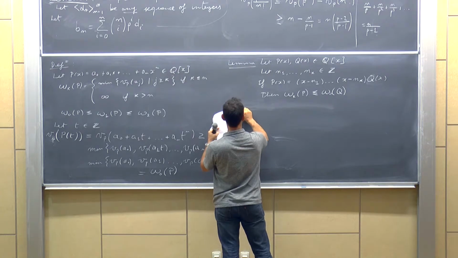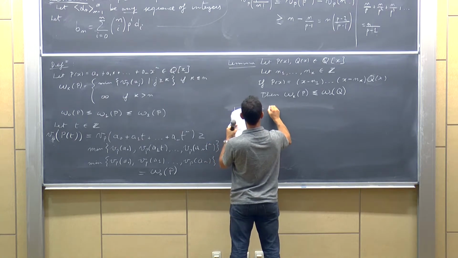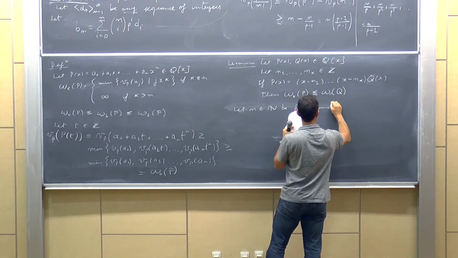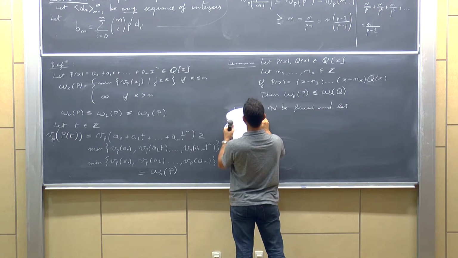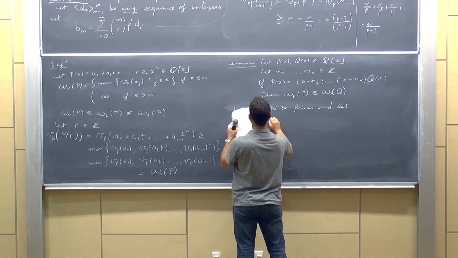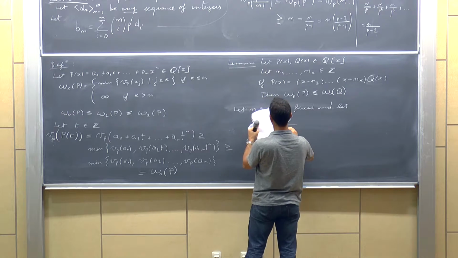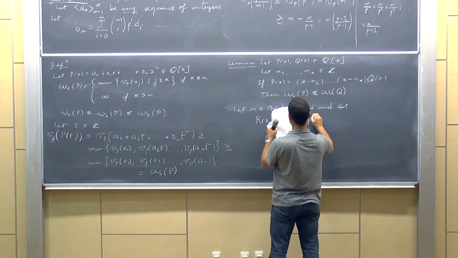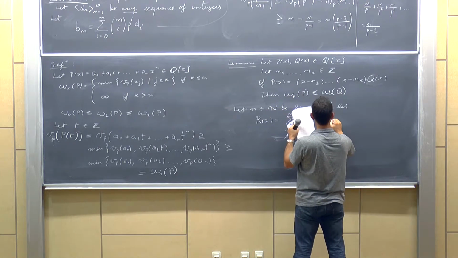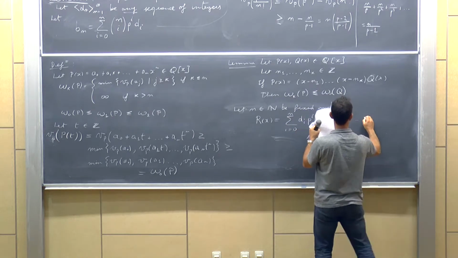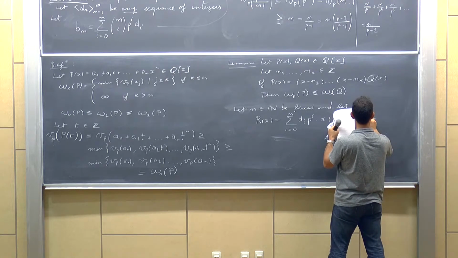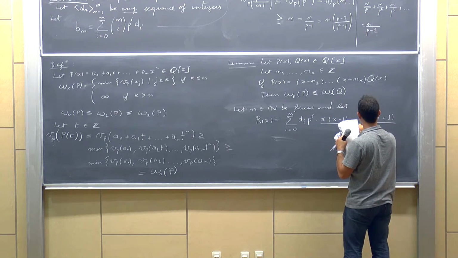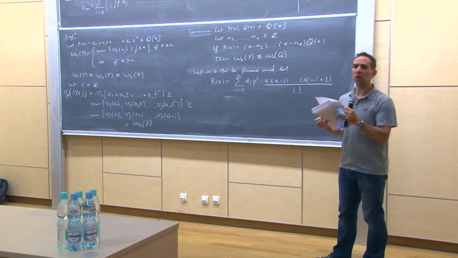So let n be fixed, and let R of x be the summation, so I'm defining a polynomial, from i equals 0 to n of d_i p to the i times x minus 1 all the way up to x minus i plus 1, divided by i factorial. So I'm defining a polynomial with rational coefficients.